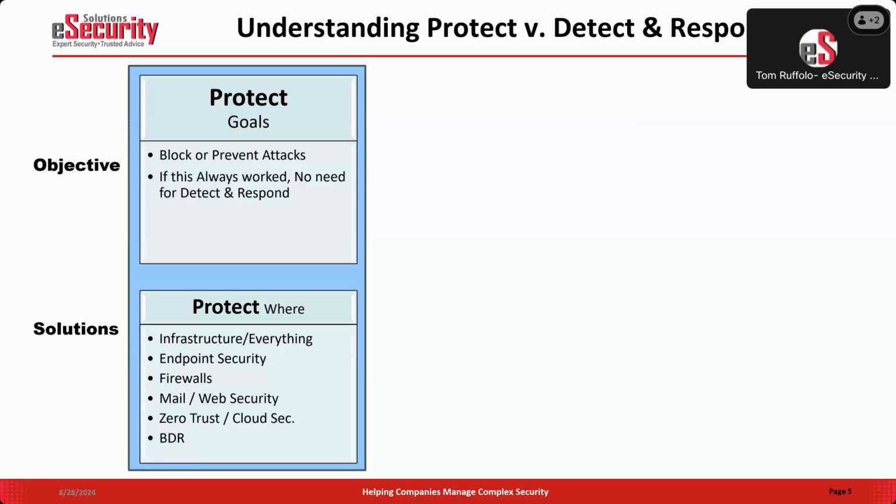And defending as many protection points as possible is the goal, but many of the solutions actually protect individual components, as you can see here, right? So the goal is to protect everything, but we have endpoint security, firewall, mail. They're all really protecting different points of entry or different places where the attacks can reside.